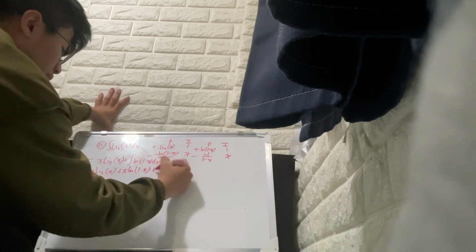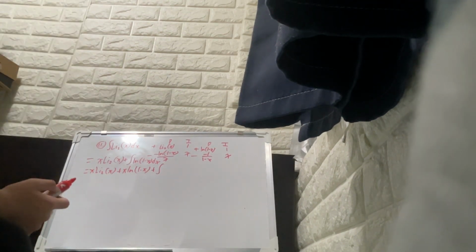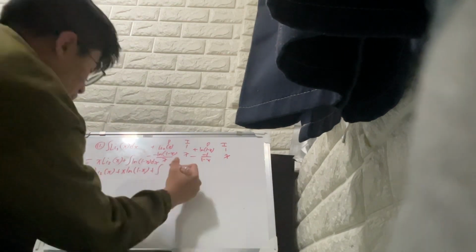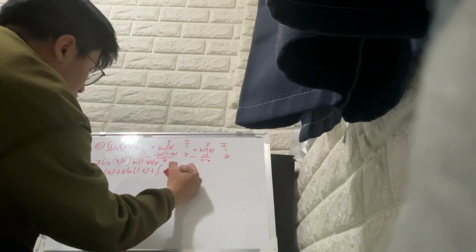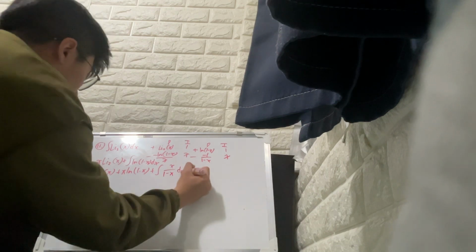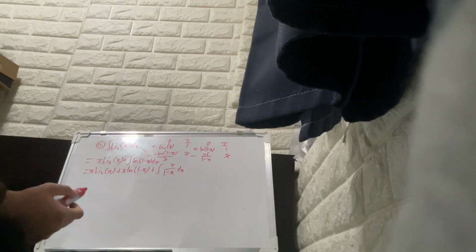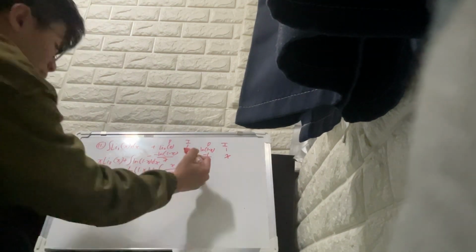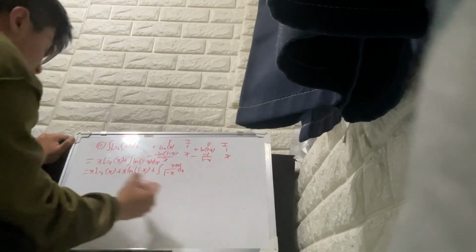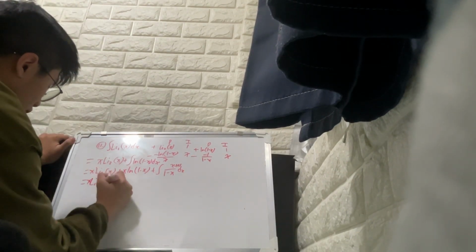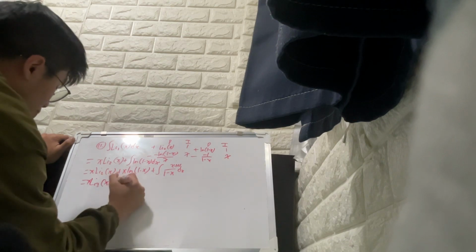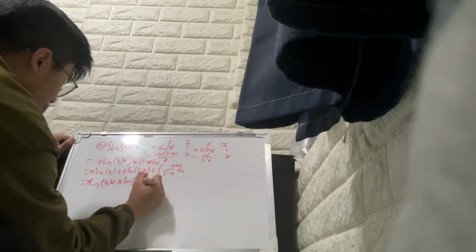And this time it becomes a positive, and then the integral of x over 1 minus x dx. So this integral, let me just subtract 1 and add 1 on the numerator. You see what happened. I'm going to split it into two integrals. 1 minus x.